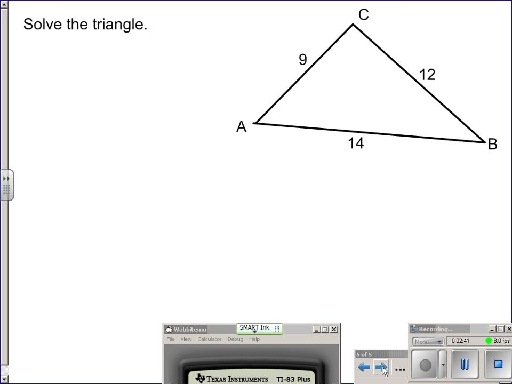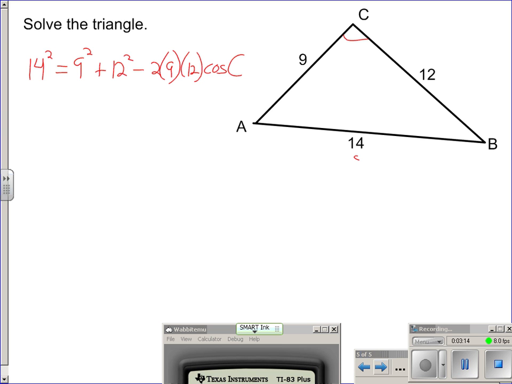So to solve this triangle, we're going to find angle C first. If we're going to find angle C first, that means we need to start with side C. So we're going to go 14 squared will equal the other two sides squared, added up, minus 2 times the product of the other two sides, multiplied by the cosine of the angle opposite the side we started with.